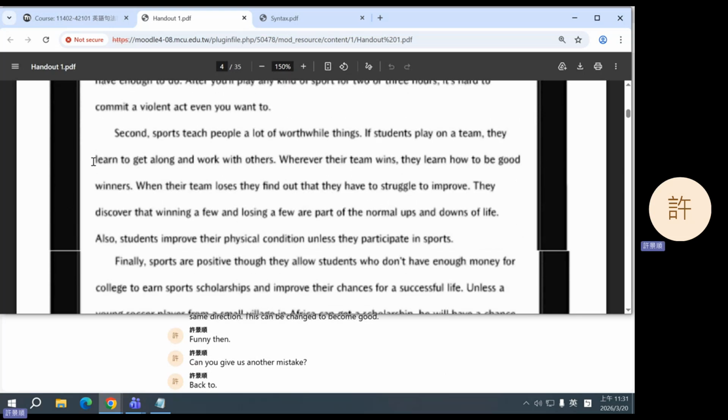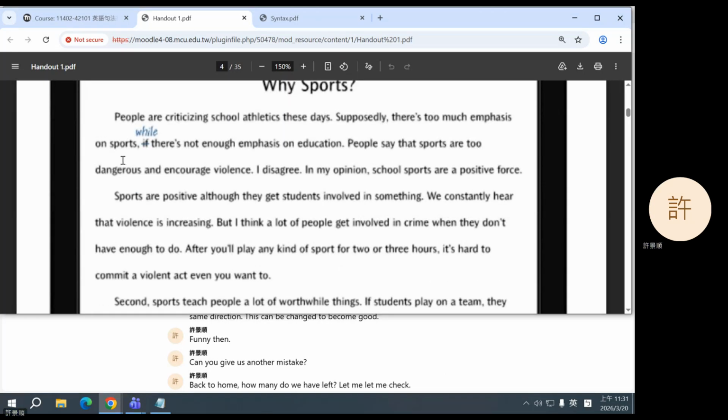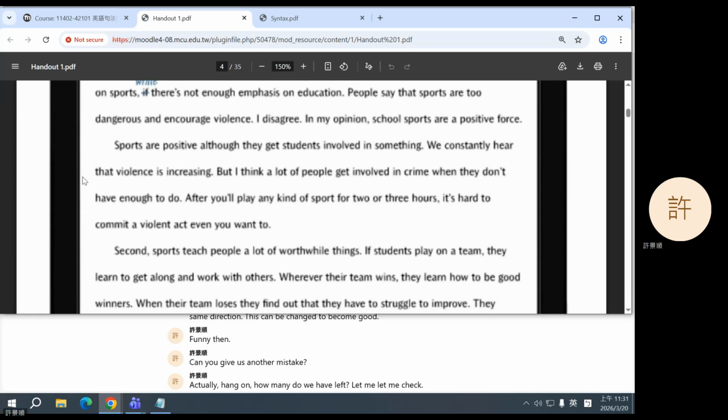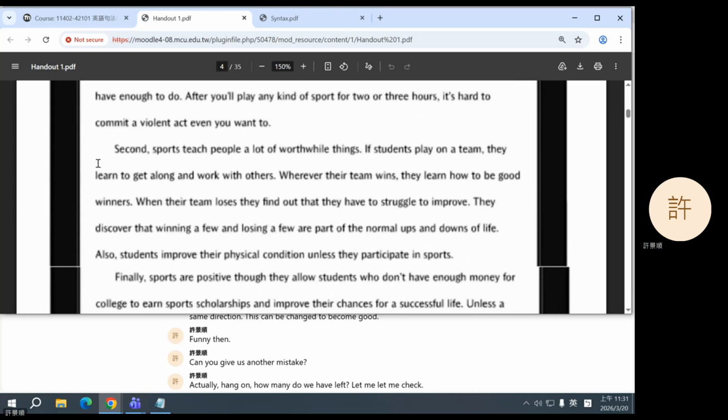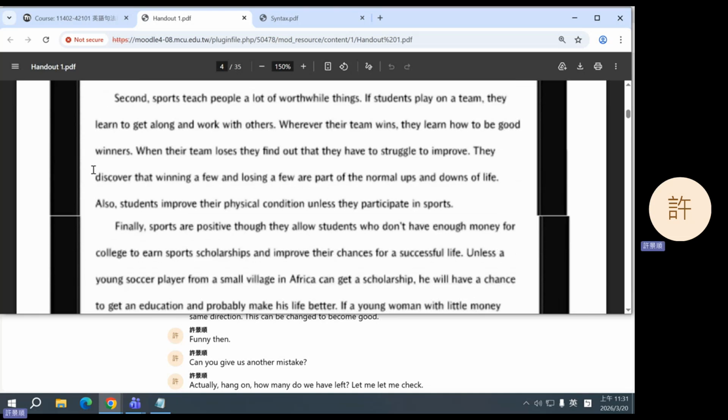How many do we have left? Let me check. Okay, I found one. Tingzhen, is there a problem with this sentence?